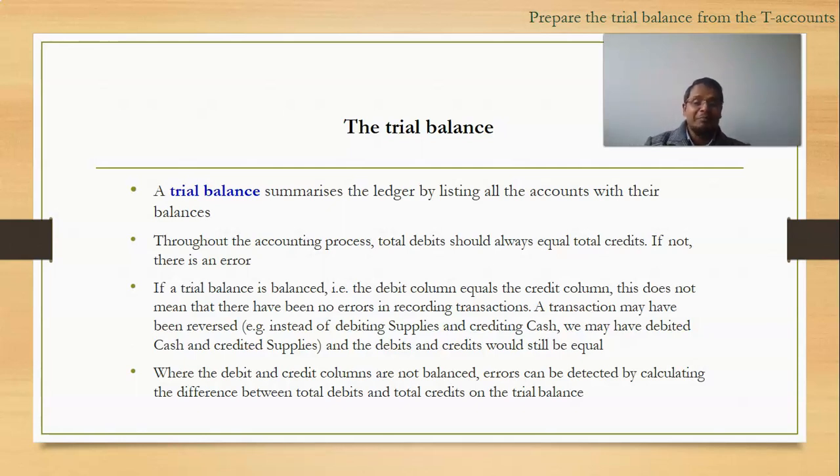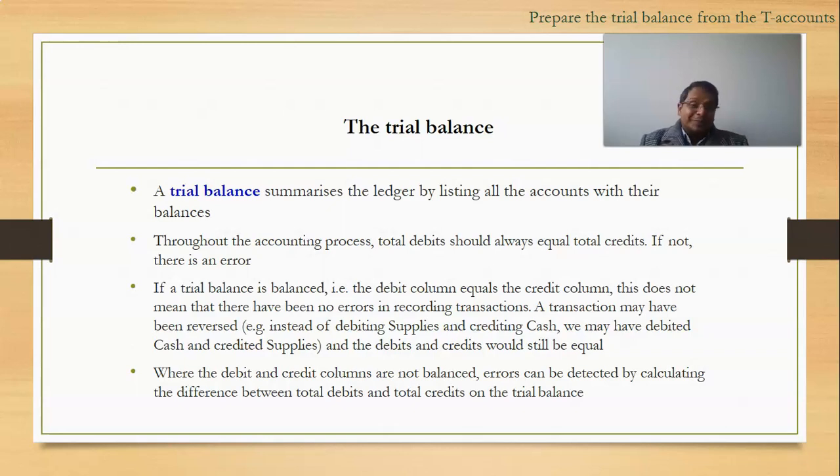We made some mistake, and we have to identify the problems. Even though sometimes both sides are equal, there may still be a problem. For example, we purchase furniture but record it under machinery, or we purchase machinery and record it as furniture.